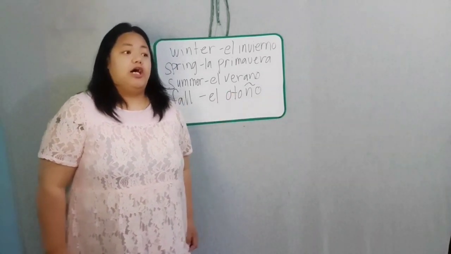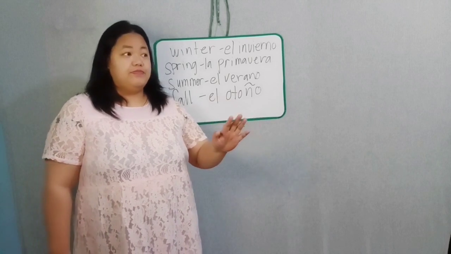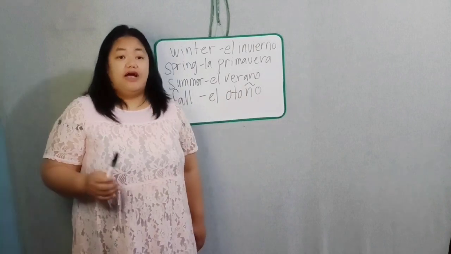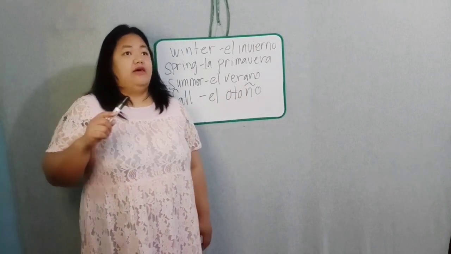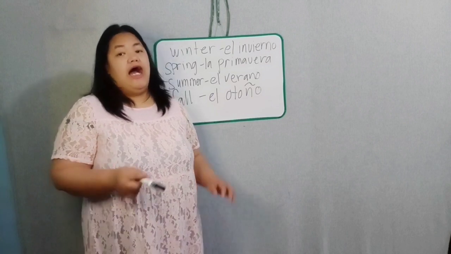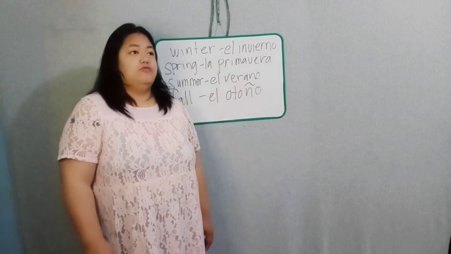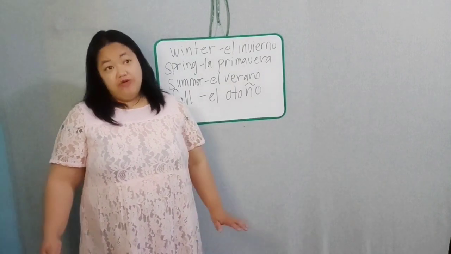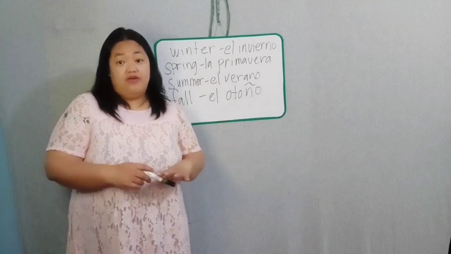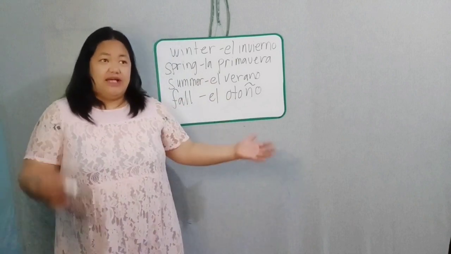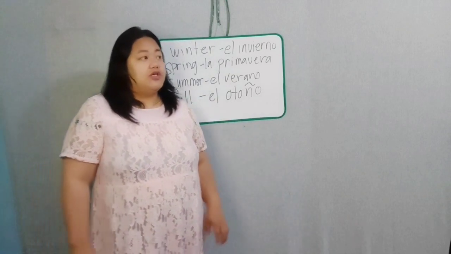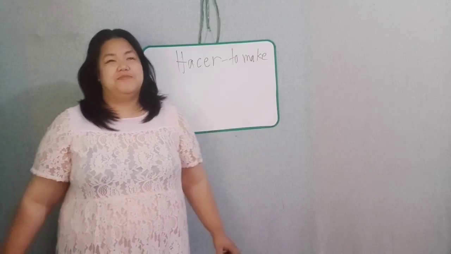Another example, en Baguio, en diciembre, hace frío. Another will be, en Baguio, en julio, hace muy mal tiempo. So in July, the weather is bad because we have typhoons. Those are the times of the year that we have typhoons here in Baguio. So those are the examples that we have.